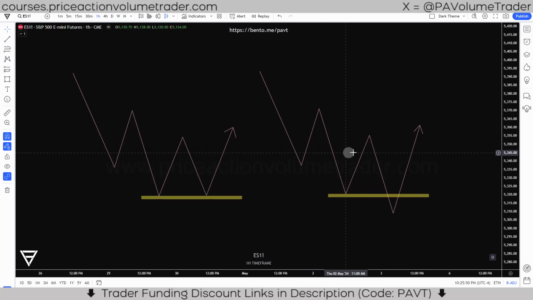So this is in essence a bottom example, and this is what we will be looking for.